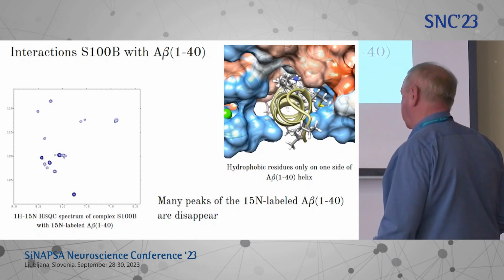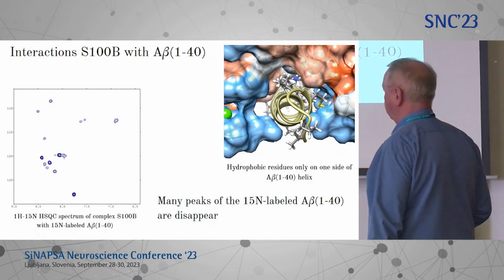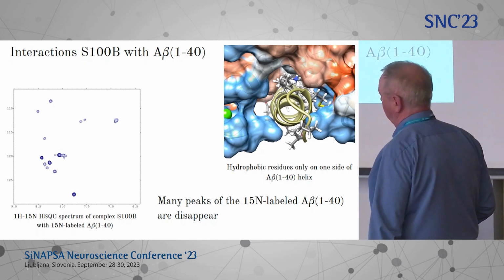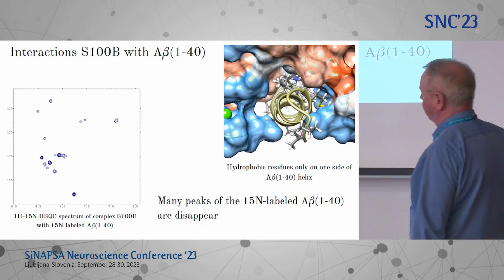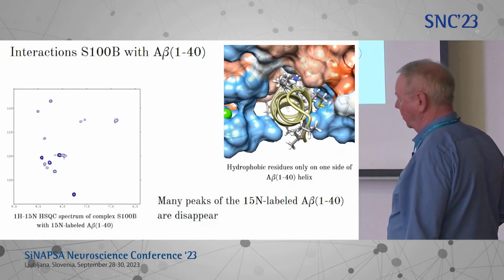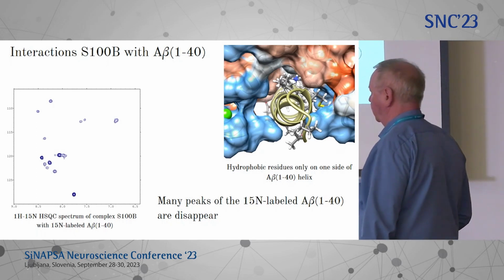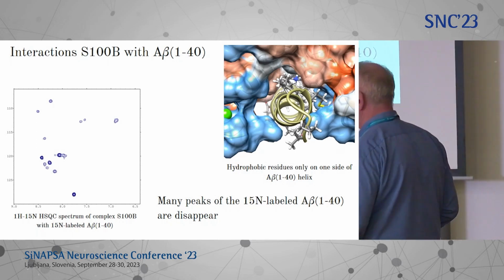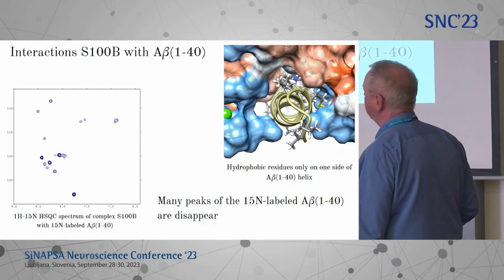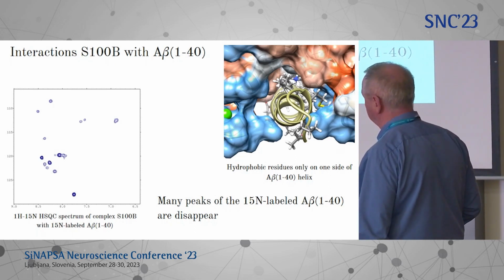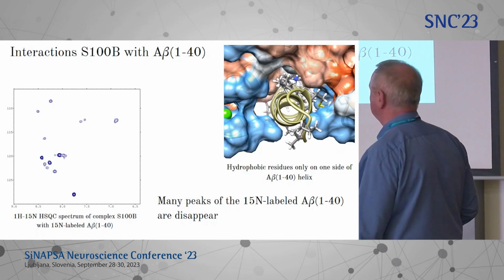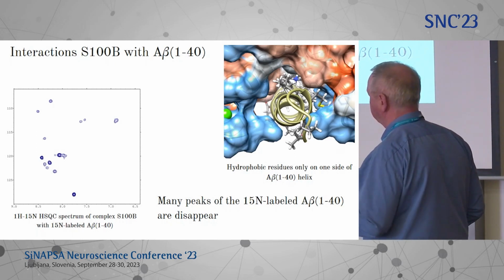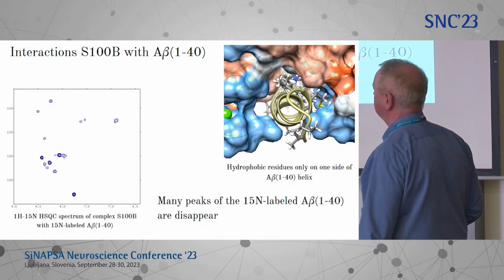There are two possible explanations, but both of them are not true. One is that the amide protons could be exchanged with water, but that is not true because we know that the peptide is deeper inside the protein.